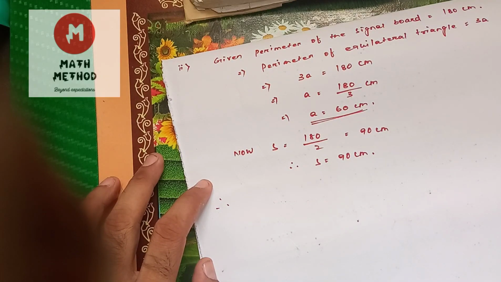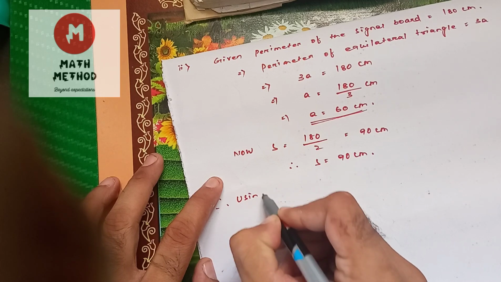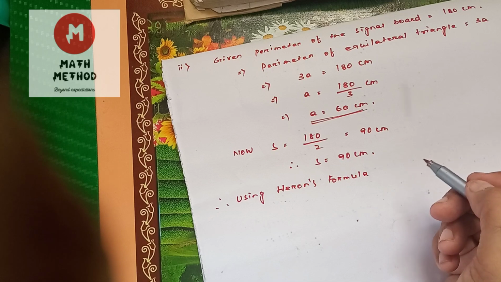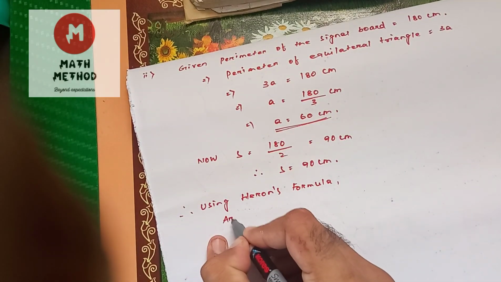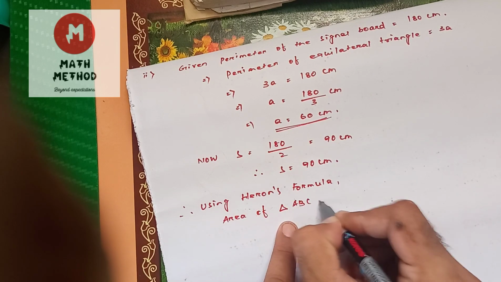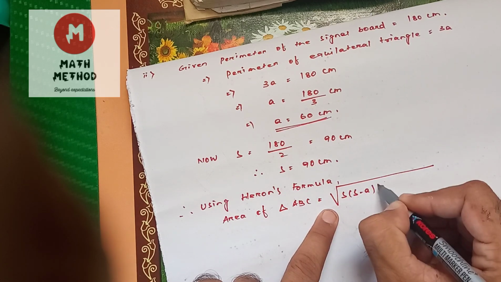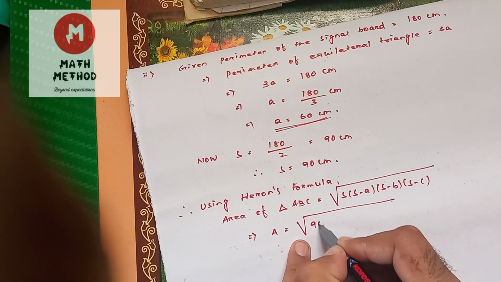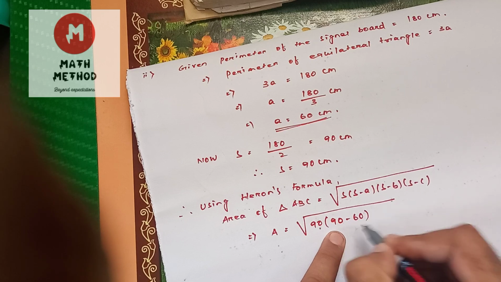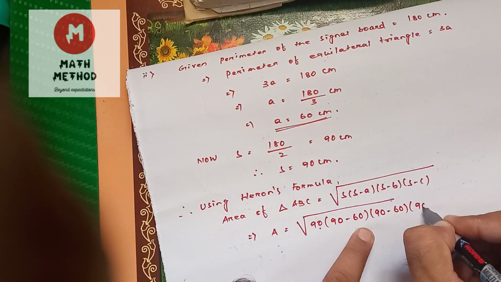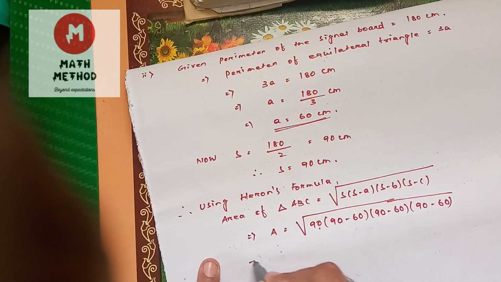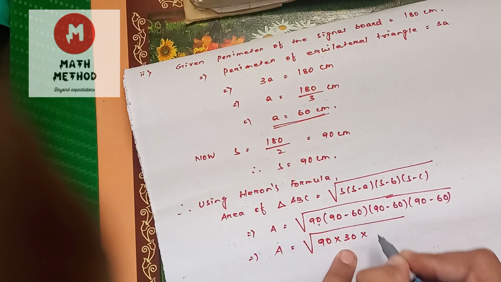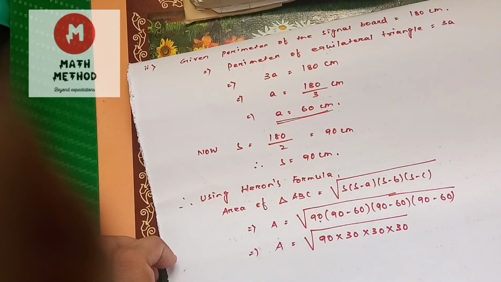Therefore, using Heron's formula, area of triangle ABC is equal to root over s into s minus a into s minus b into s minus c, which implies area is equal to root over 90 into 90 minus 60 into 90 minus 60 into 90 minus 60, which is root over 90 into 30 into 30 into 30.